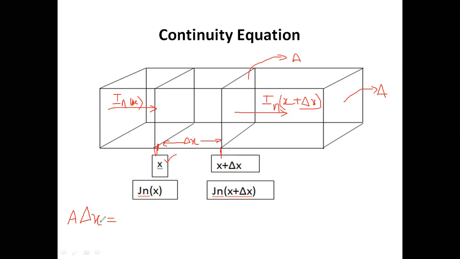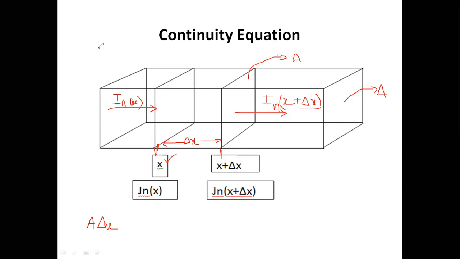A delta X is the volume of the semiconductor material, the volume of the pillbox here. Now I want to know the number of electrons increasing in the box.